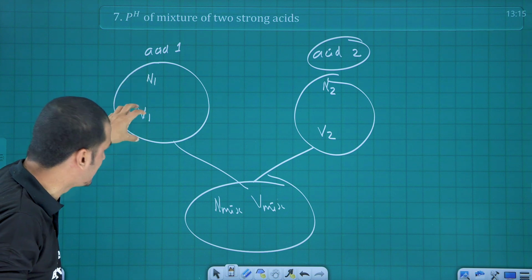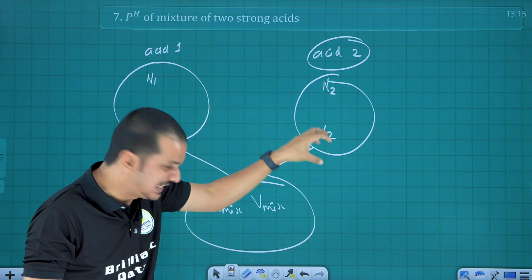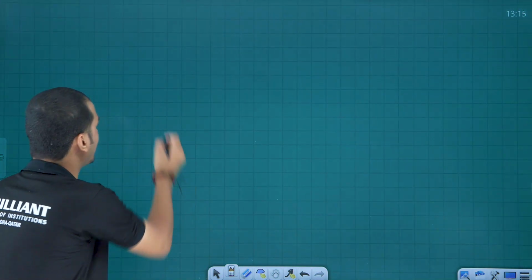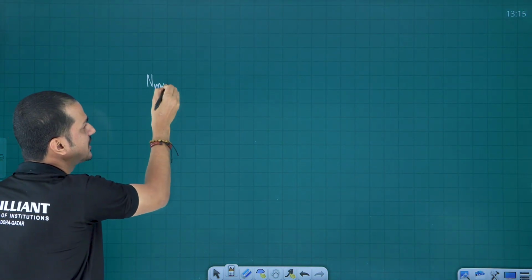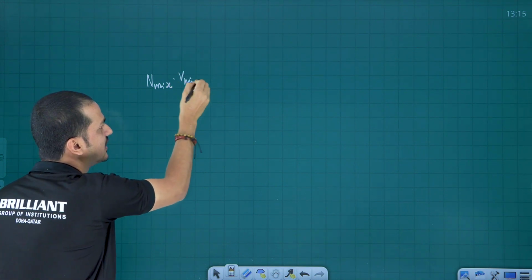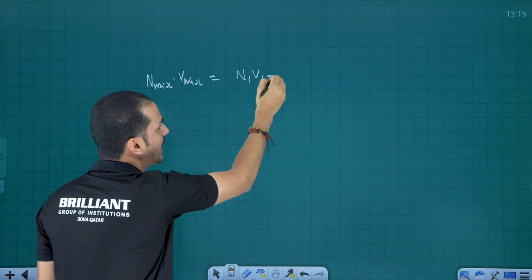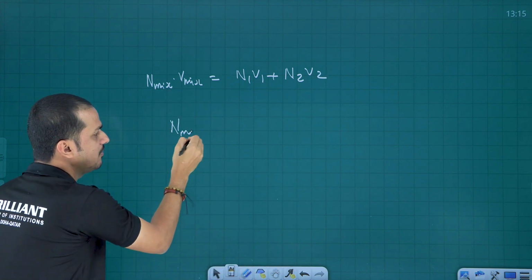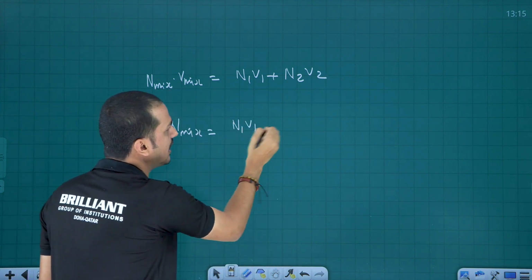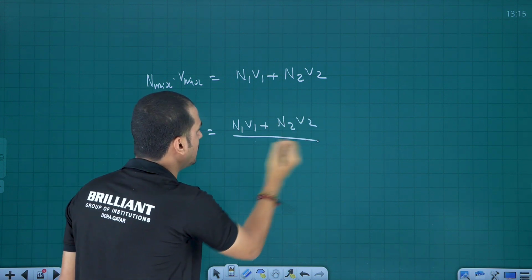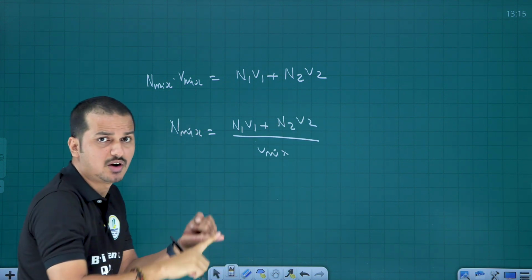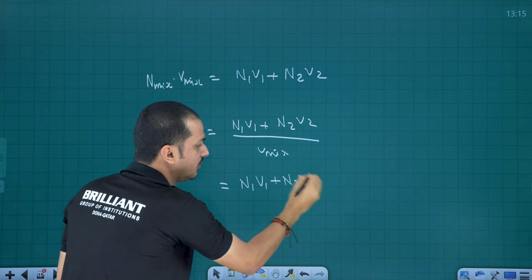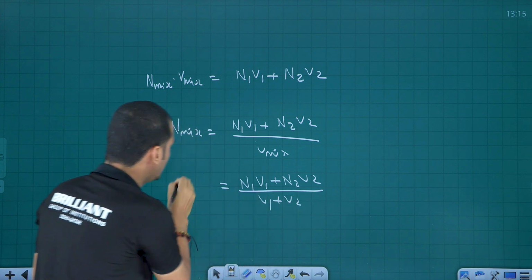So N1 V1 plus N2 V2 equals N mix into V mix. Then N mix equals N1 V1 plus N2 V2 divided by V mix, and if I am mixing V1 and V2 volumes, V mix equals V1 plus V2. So N mix equals N1 V1 plus N2 V2 divided by V1 plus V2.